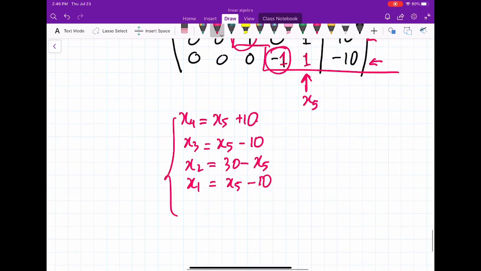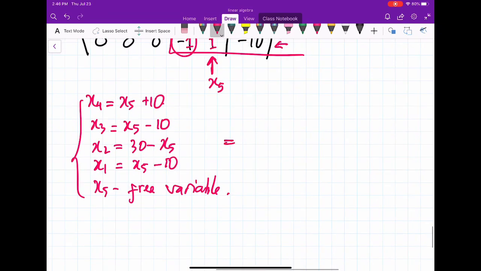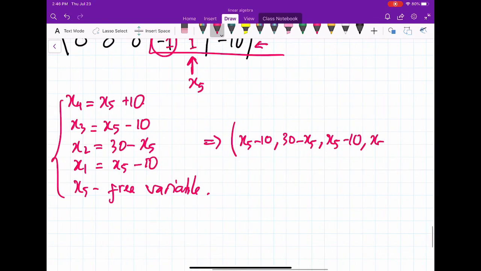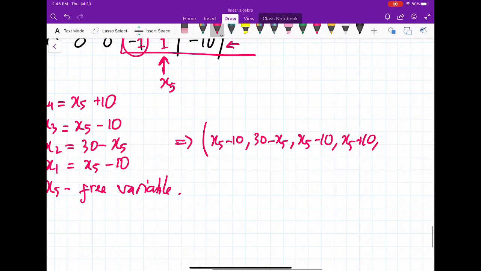And of course, x5 is a free variable. So your general solution looks like this, you just compile everything: x5 minus 10, 30 minus x5, x5 minus 10, x5 plus 10, and x5, where x5 is an arbitrary real number.